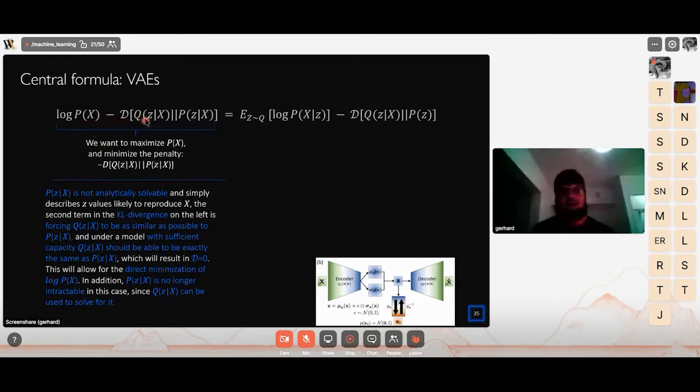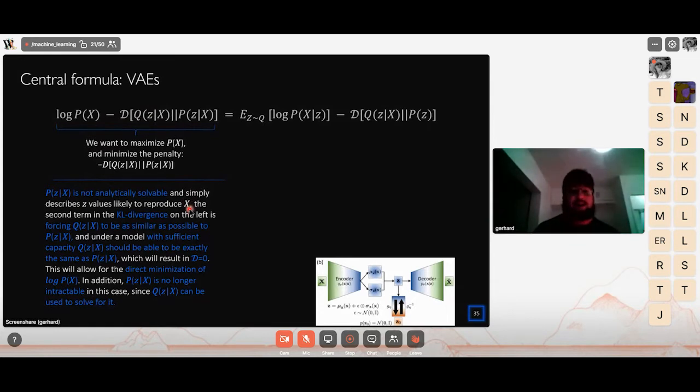So basically we want to maximize the variational lower bound, but essentially by doing that we're trying to maximize the probability of X, and we're also trying to minimize the KL divergence between the Z variables and the standard distribution. But P of Z given X is not analytically solvable.